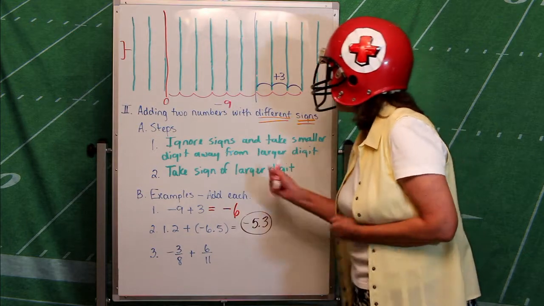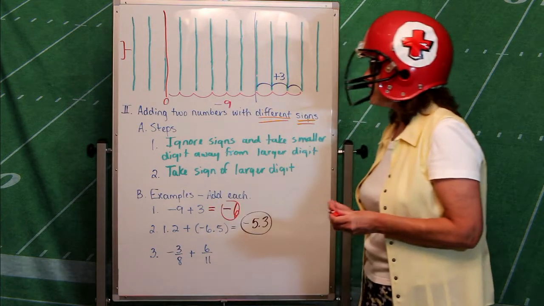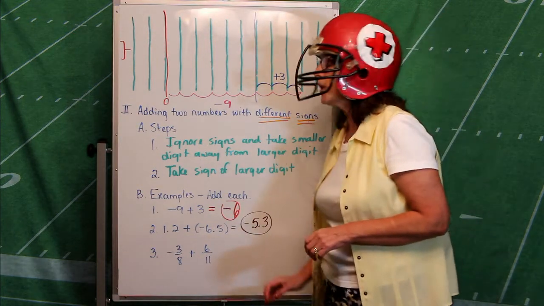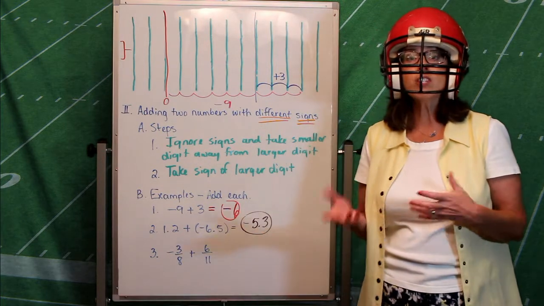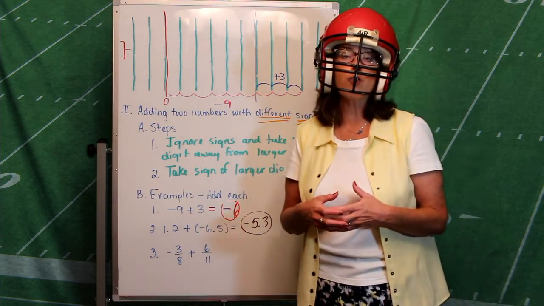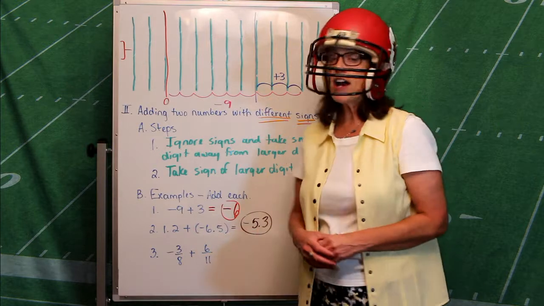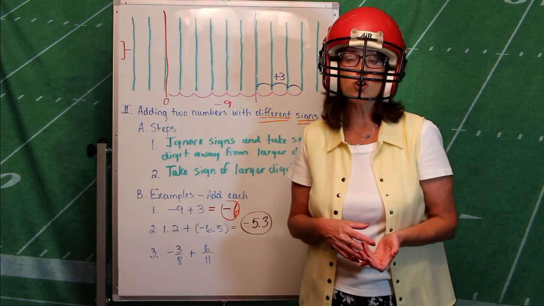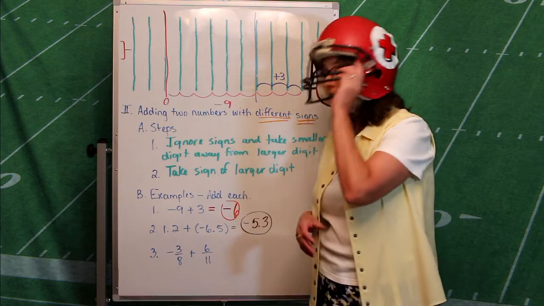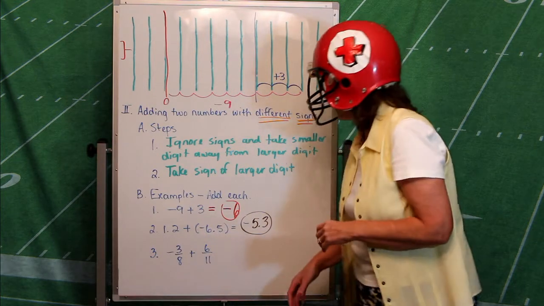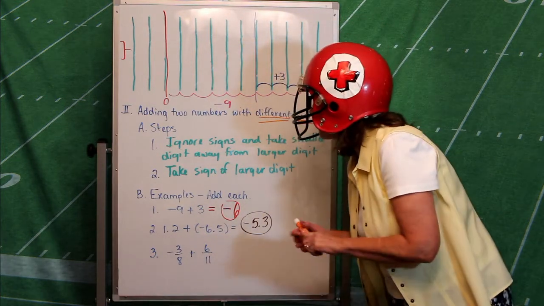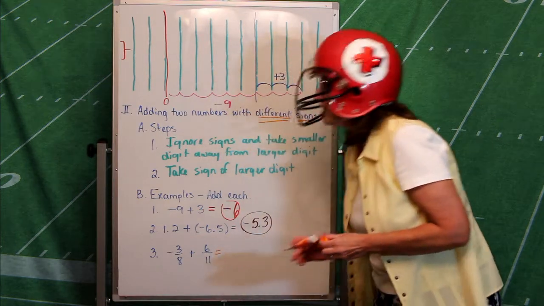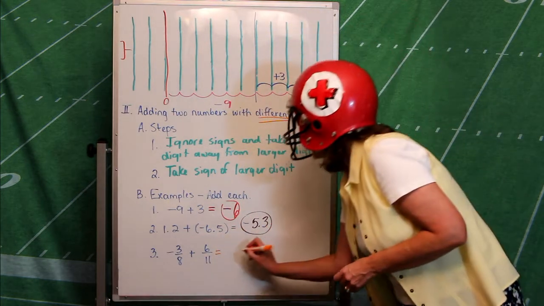So let's take a look at the fractions. Once again, I'm going to deal with the digits, and take the smaller digit from the larger digit. But when they're fractions, it's really difficult to tell which is the smaller digit and which is the larger digit. So I'm going to get those common denominators in order to figure that out. For an 8 and 11, the common denominator is 88.